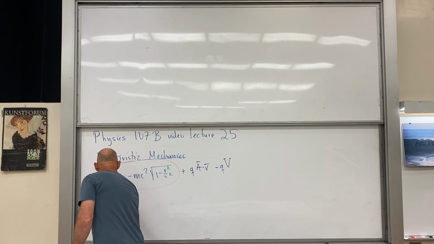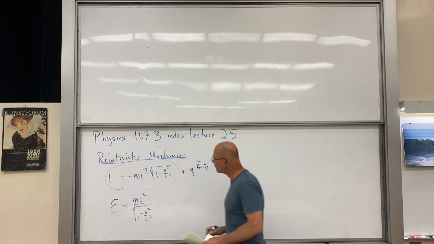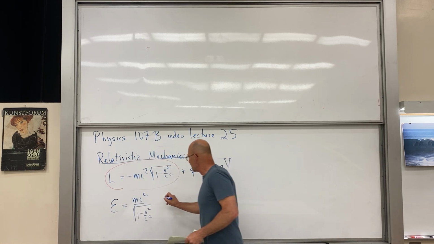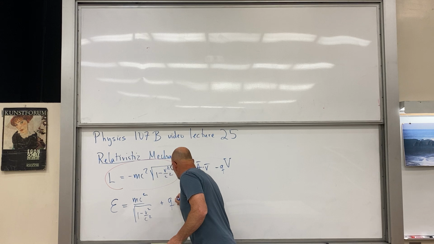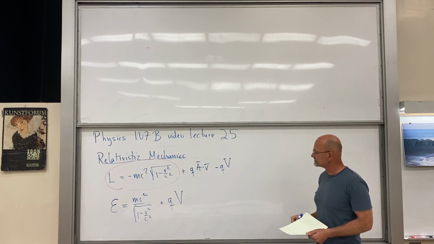Likewise, we found energy: mc squared over root 1 minus v squared over c squared. Very important expression. For the full expression, that would be your energy.